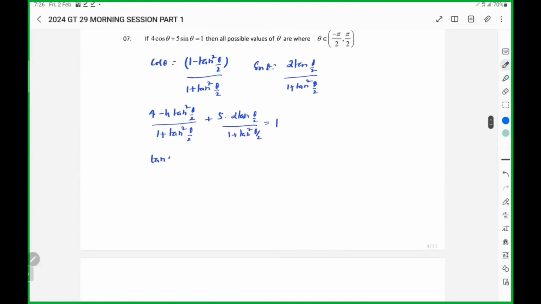Take tan theta by 2 as x. 9 minus 4x square by x square plus 1. 5x square minus 10x.